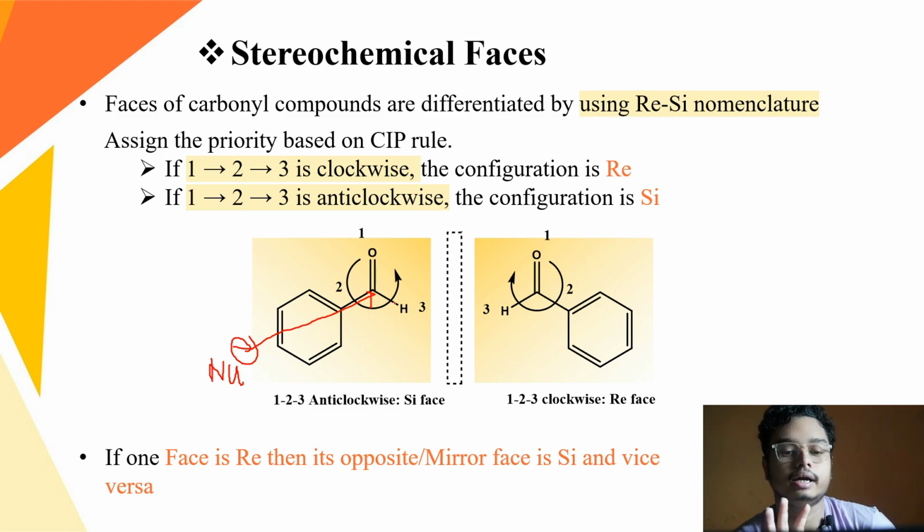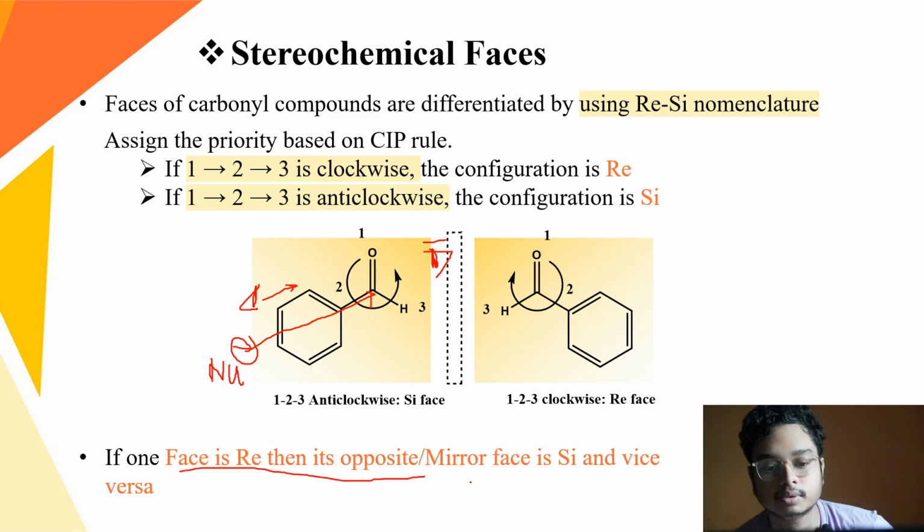Now this will be very important. If this particular face is the Si face, then its mirror image, or the back side if we view from there, if we view from this particular side, then it looks like the Si face. But if we view from the back side of the molecule, then the face will be Re. Okay, if one face is Re, then the opposite or mirror face is Si, and vice versa.